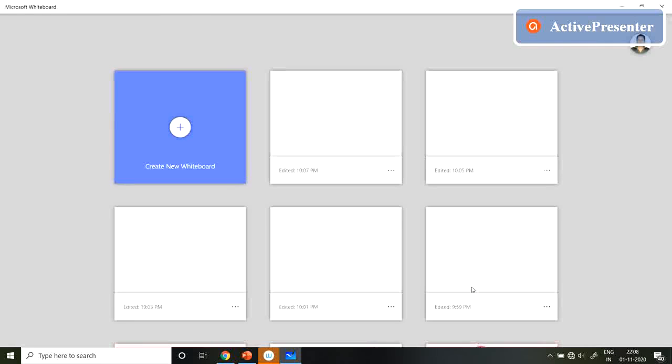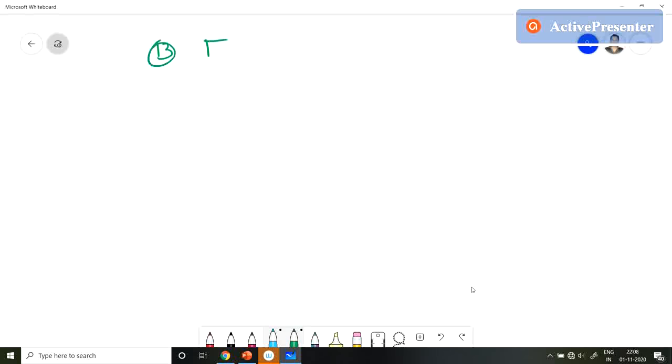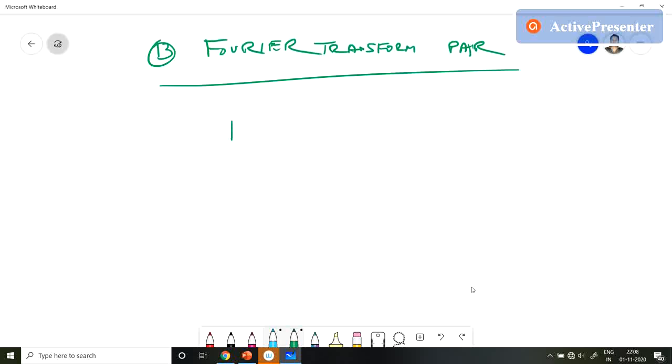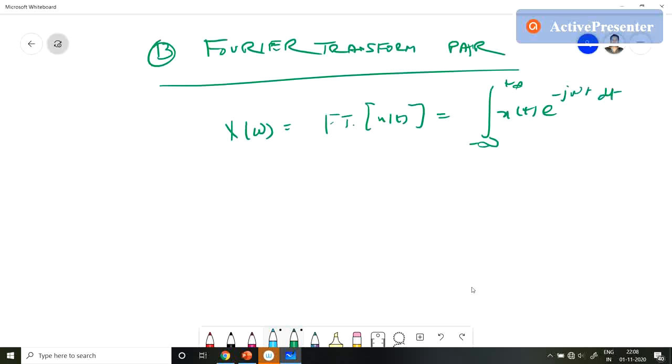So let us discuss the Fourier transform pair. What is the Fourier transform pair? X(omega) is equal to the Fourier transform of x(t), which is the integral from minus infinity to plus infinity of x(t) e raised to the power minus j omega t dt.